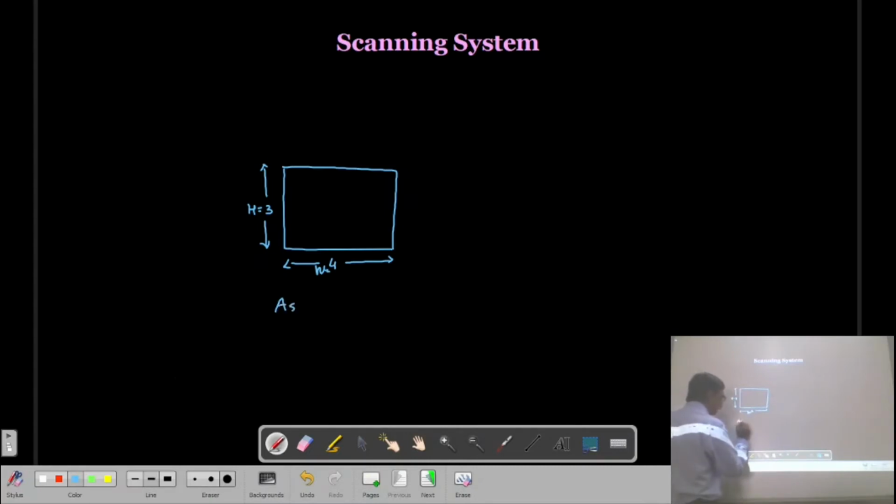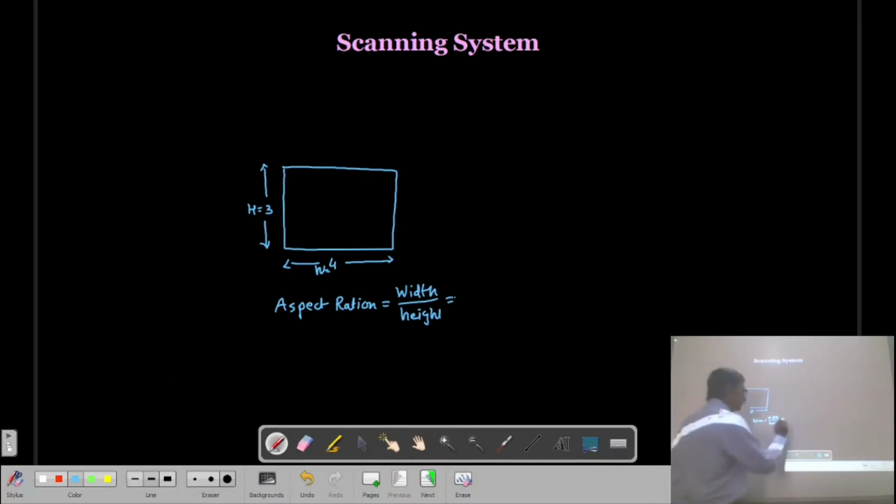Remember, in television the aspect ratio is nothing but the width to the height. For rectangular scanning, the standard is 1.33. So before the scanning, you should know the aspect ratio of the frame.